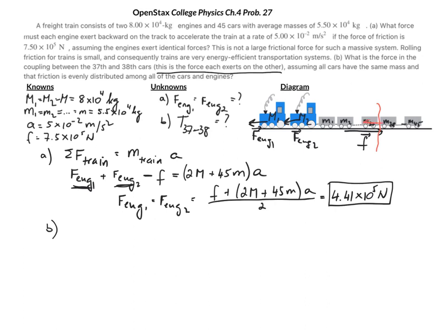So there is this tension force that pulls all of these cars with the acceleration that we were given of 5 times 10 to the negative 2 meters per second squared.